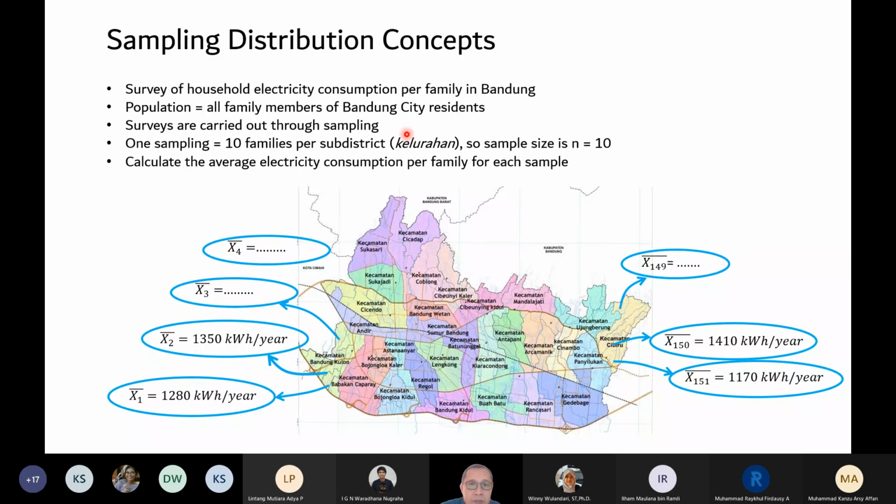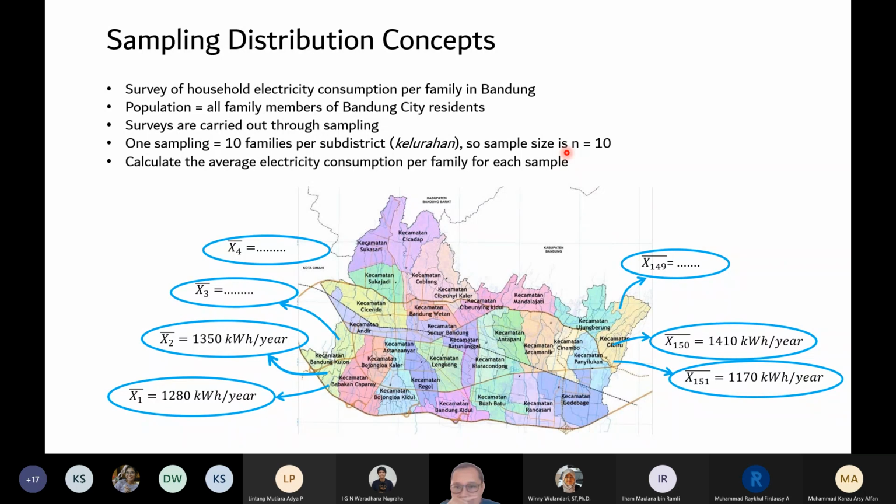Surveys are carried out through sampling because in this case we don't have enough resources to do a census, in which one sample is defined as 10 families per subdistrict. The subdistrict is kelurahan. So in this case, the sample size is n equals 10.